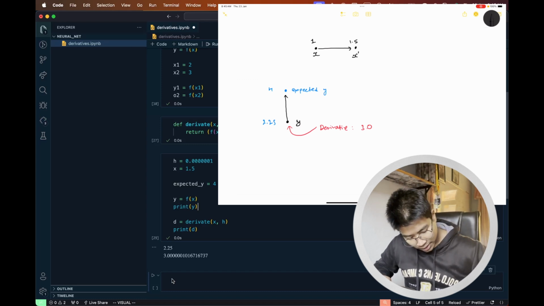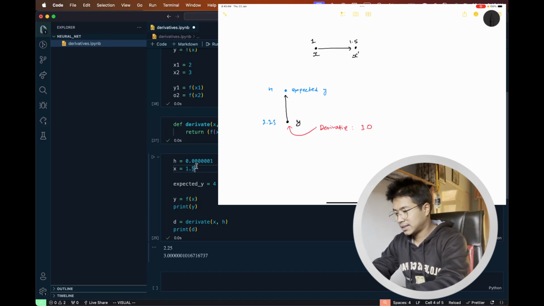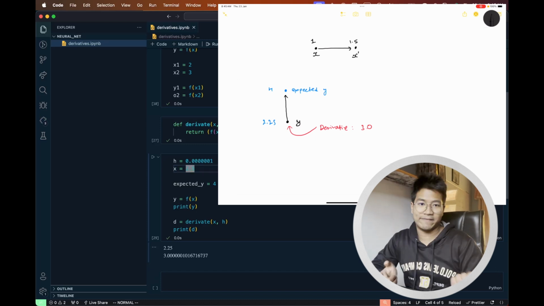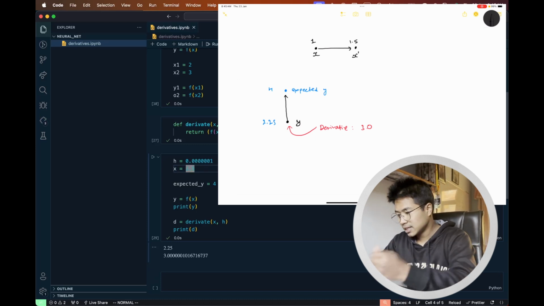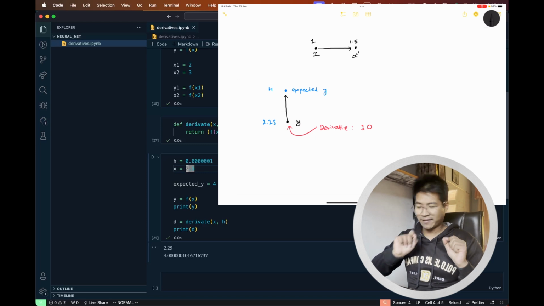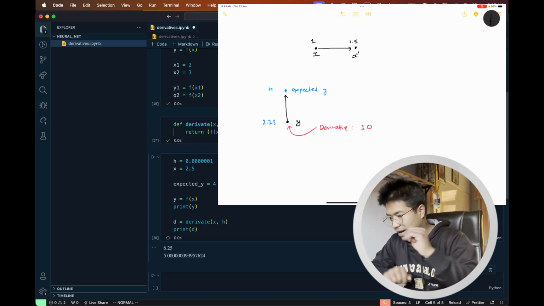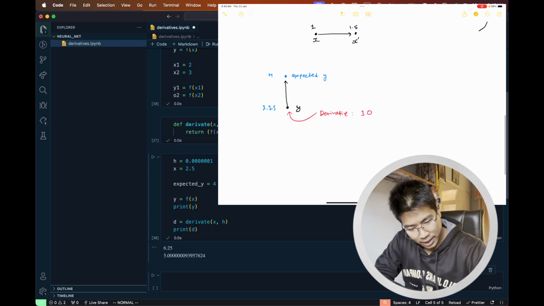Okay, so let's increase our x some more, and let's make our x a 2.5. Now I'm going a bit fast over here, so let us calculate my y value again. This is what I get for my y value.